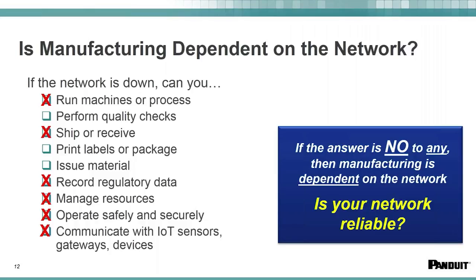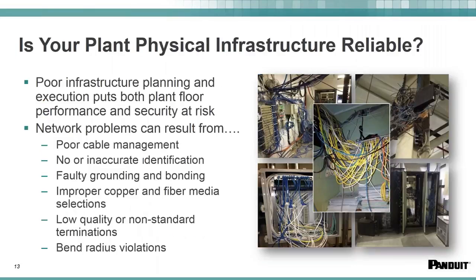It's very important to understand that for manufacturing, you often can't ship product if you don't have the regulatory information on the product that's being shipped. So the manufacturing is very dependent on the network being live and functioning.